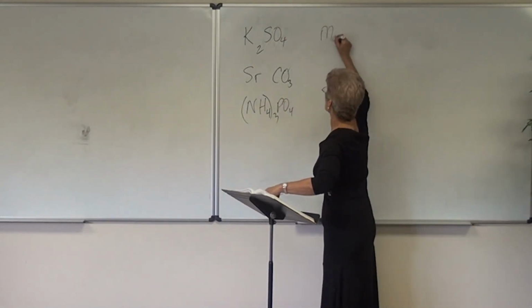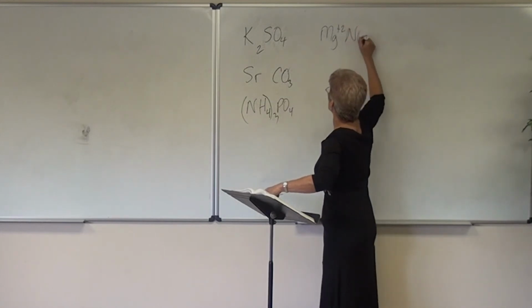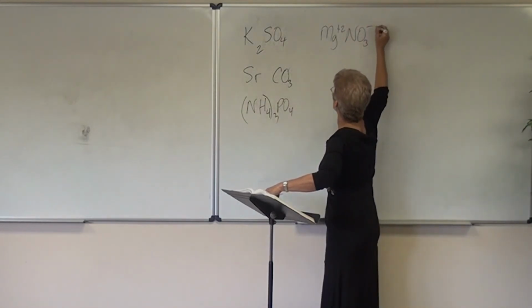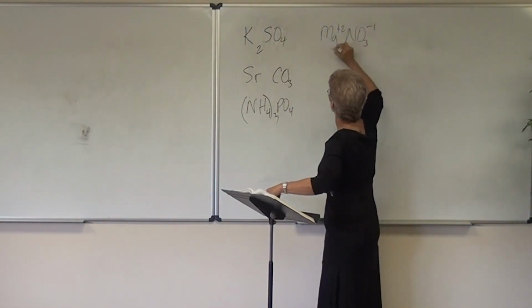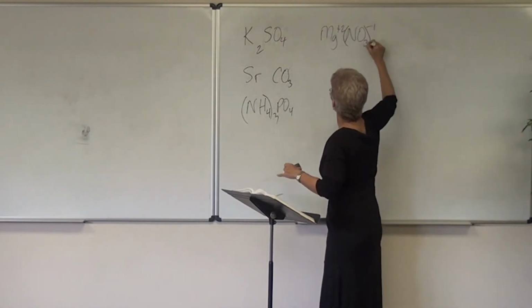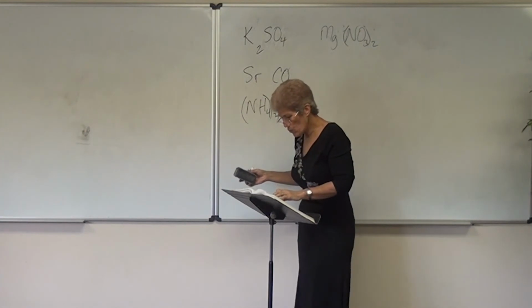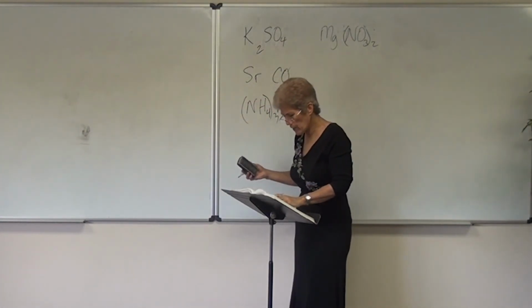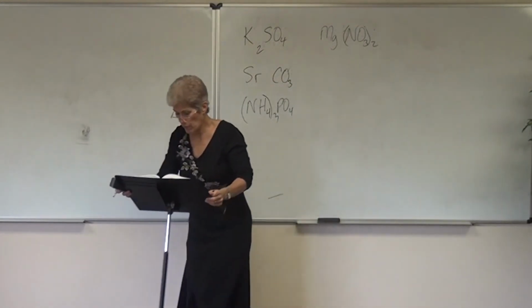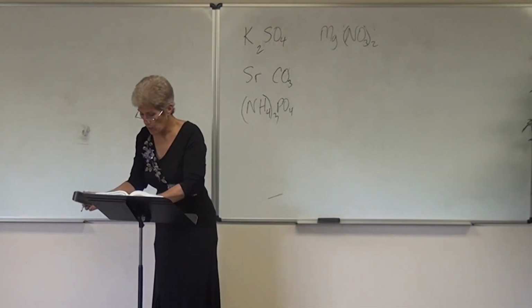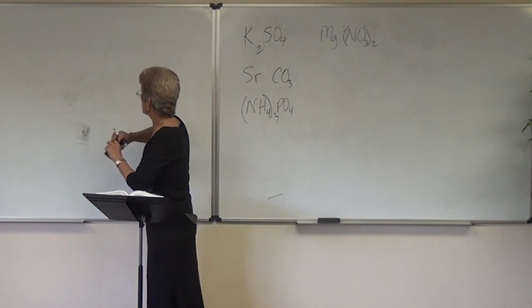Magnesium is a +2. Nitrate is a -1. So this gets the 1, this gets the 2. I erased those numbers because a student once told me leaving them was very confusing, so I try to erase them now. How many phosphorus and oxygen atoms are in the empirical formula of magnesium phosphate?